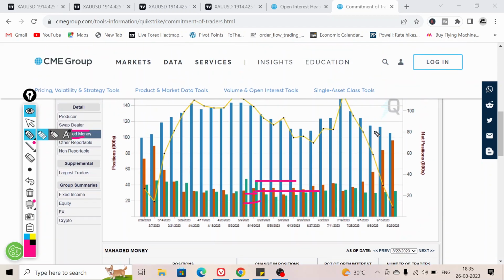You can see on this chart, weeks 1, 2, 3, 4, and this is the 5th week. So they are continuously decreasing and covering their long positions.